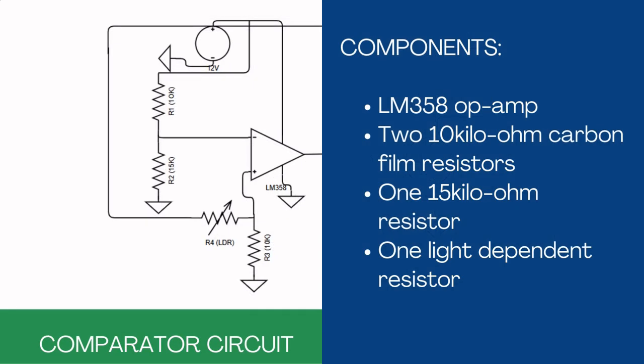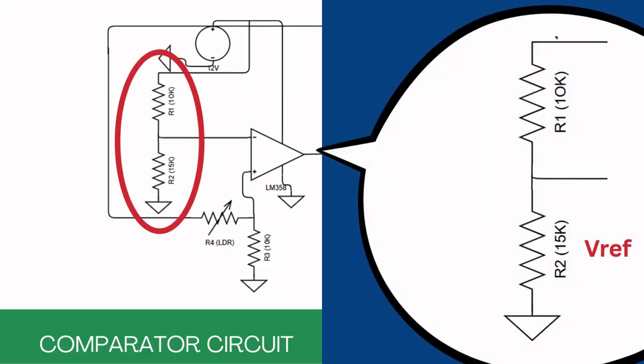Beginning with the comparator circuit itself, excluding the 12-volt DC input, we have 5 main components: an LM358 op-amp, 2 10 kΩ carbon film resistors, a 15 kΩ resistor, and a light-dependent resistor. One of the 10 kΩ resistors along with the 15 kΩ resistor respectively serves as R1 and R2 in the circuit.